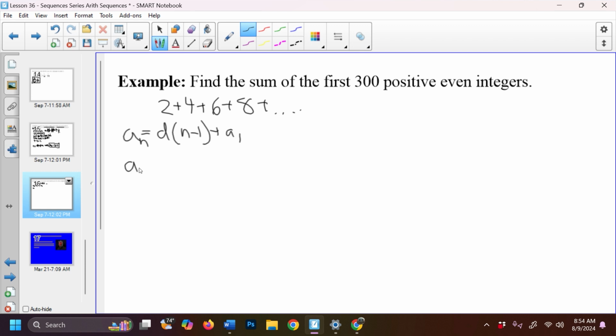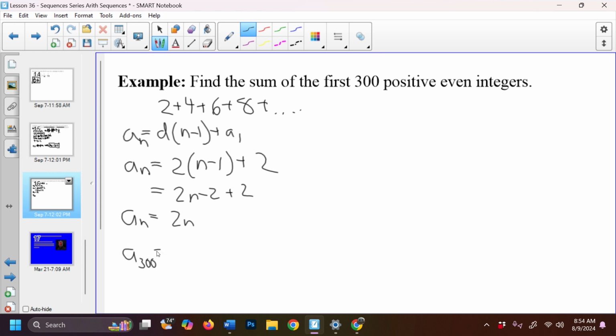So I'm going to go a sub n is equal to 2 times n minus 1 plus 2, the first term. Distribute: 2n minus 2 plus 2. A sub n is equal to 2n because these two cancel. And we can calculate the 300th term by going 2 times 300, which gives me 600.